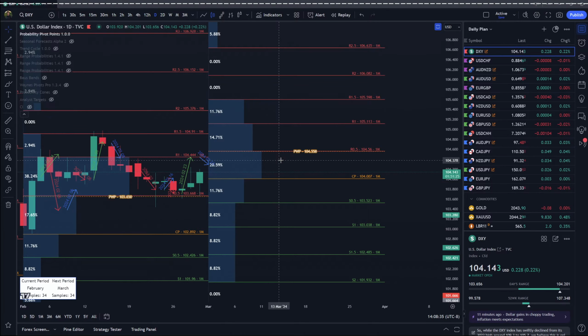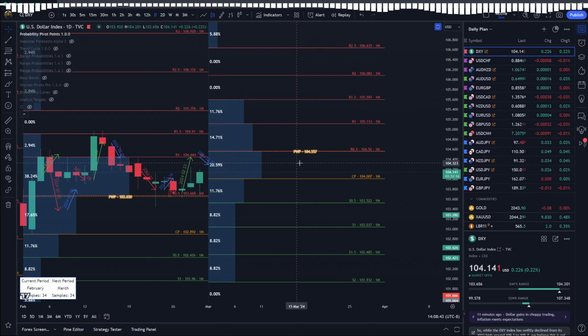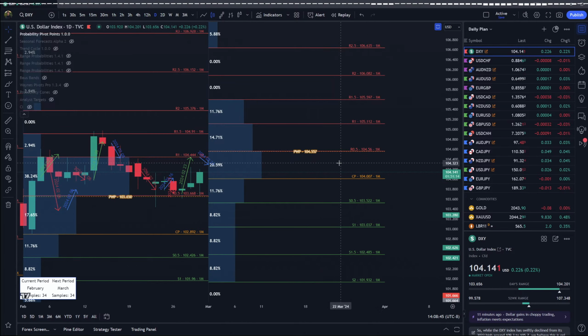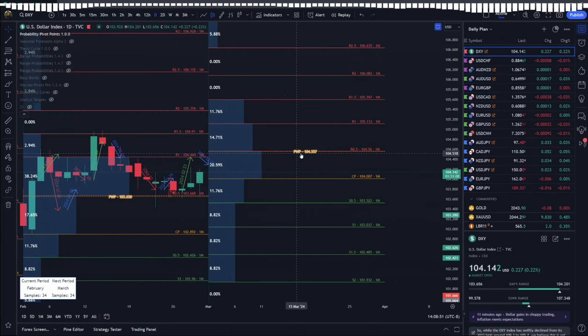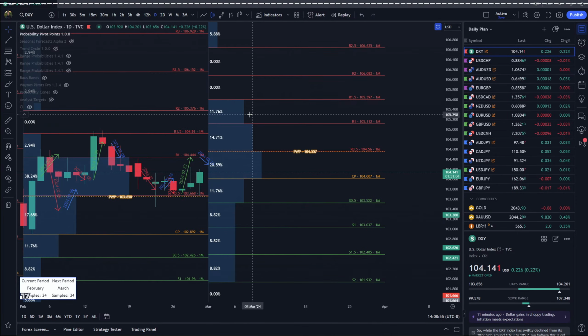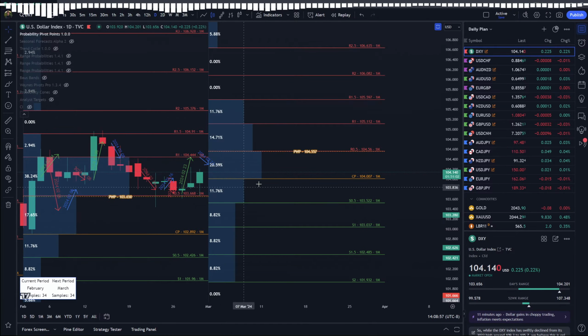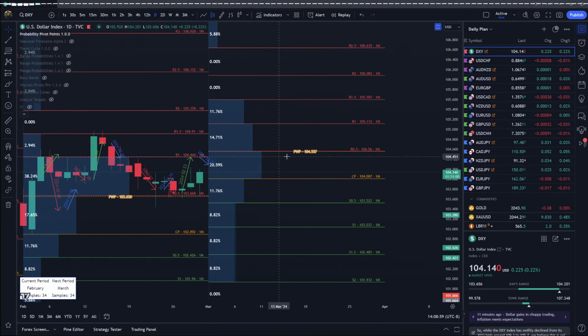Then we have this little PWP, which stands for probability weighted pivot. That's when you take all these pivot point levels and weigh them by the probabilities. It works like the mean of your whole distribution. So you can see when I'm hovering over this area, notice how this is the quote-unquote midpoint of that.